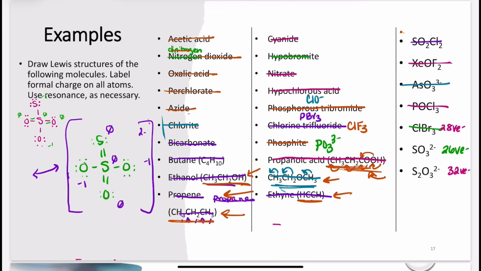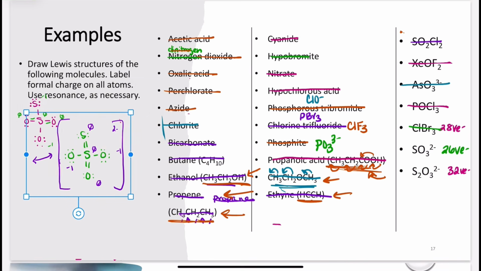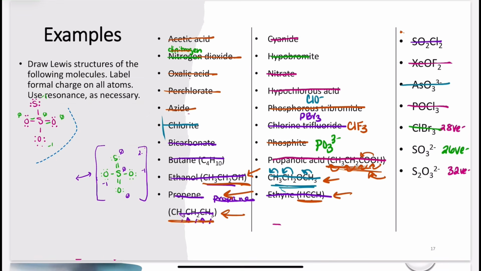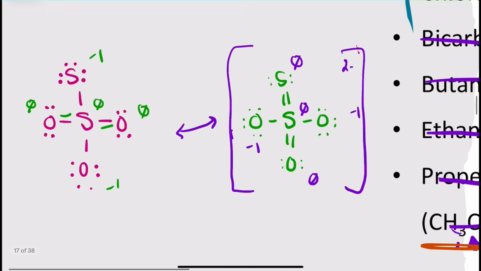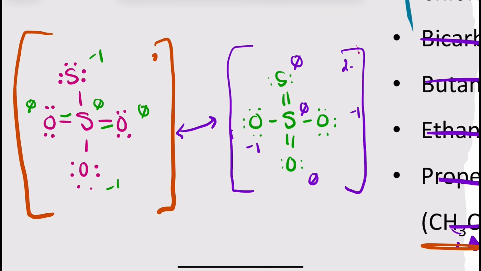Which one would contribute most? What do you guys think? Let me shrink this down a little bit. So if I look at these two structures, they're both a 2- charge overall.